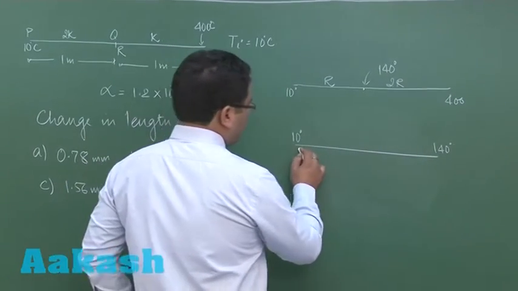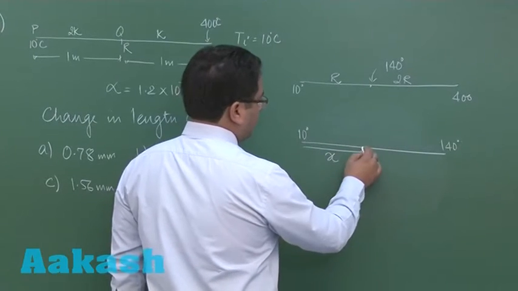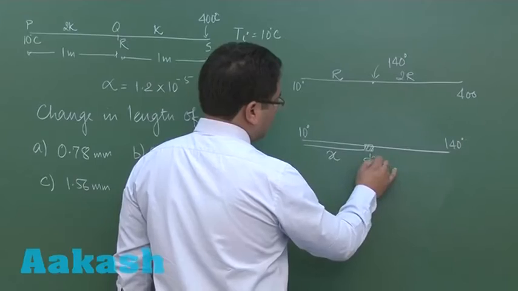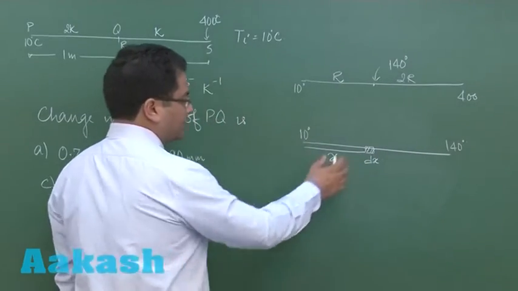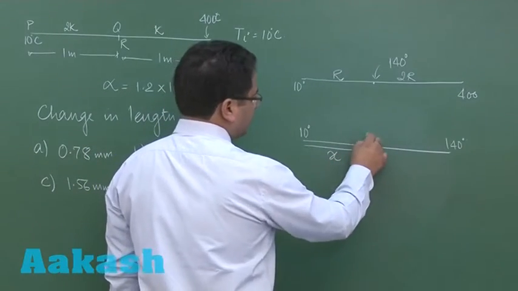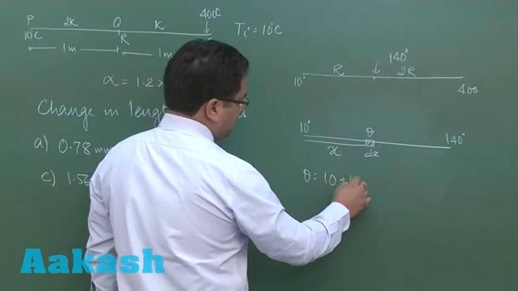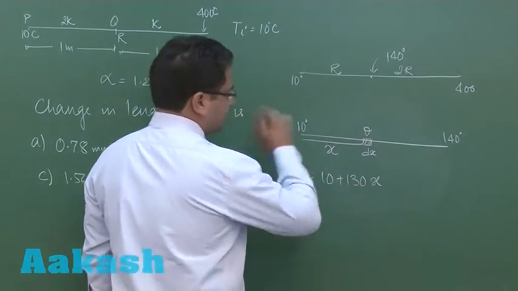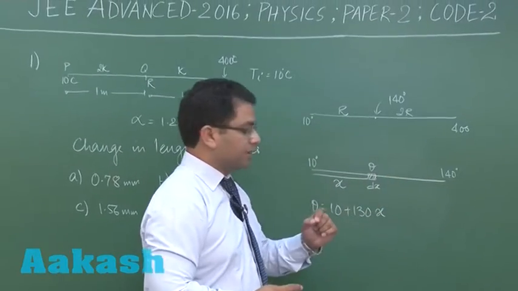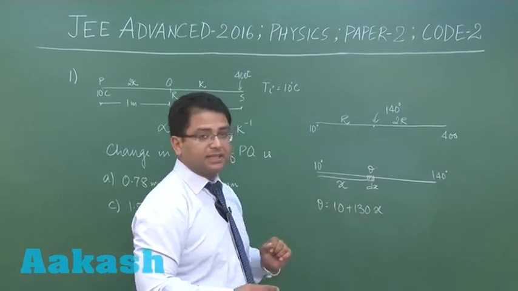So at a distance x, I'll consider a small length dx. dx is not the increase, it's a small length. Let's find the temperature here, theta. That theta would be 10 plus 130x, because 130 degrees per meter is the temperature gradient. So 10 plus this much would be the temperature there.